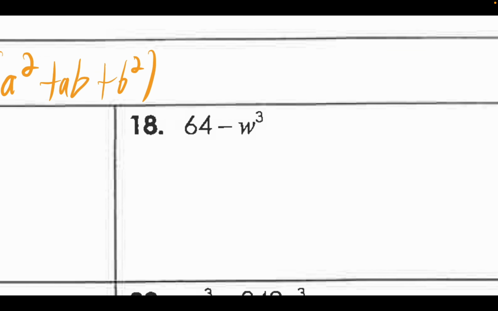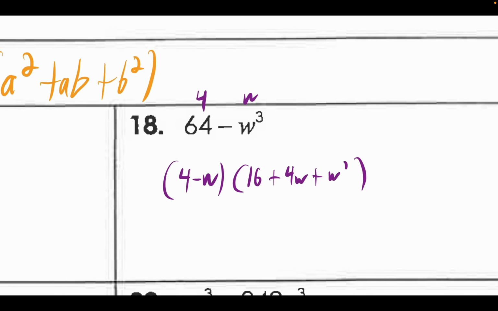Number 18 here, our cube root of each one would be 4 and w. And so we do 4 minus w. And then our other parenthesis, it's going to be 4 squared, which is 16, plus a times b, or 4 times w, which will be 4w, plus w squared, which is w squared.